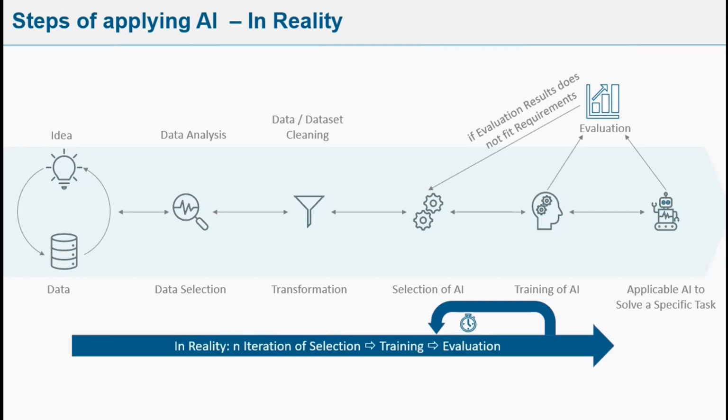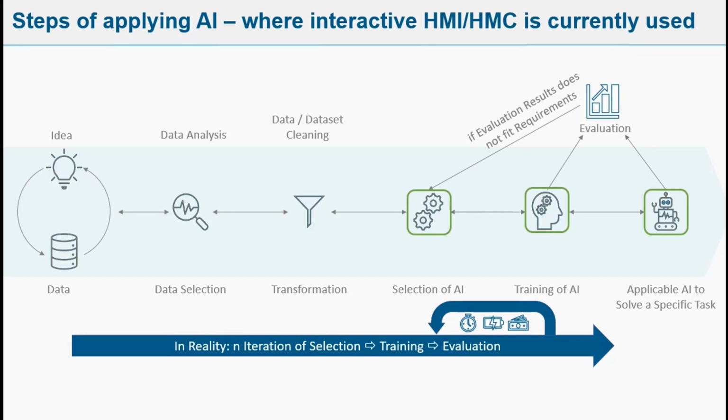This evaluation is time consuming and costs a lot of energy, especially when you have to train and retrain your neural network again and again. And of course, in monetary terms, it wastes a lot of time. So this is the reality. Looking at the reality, please neglect the green boxes.